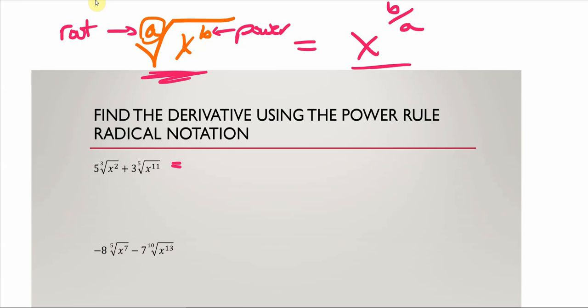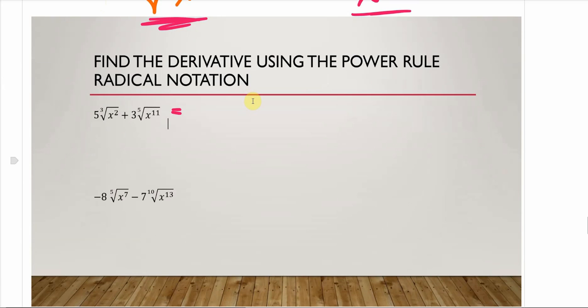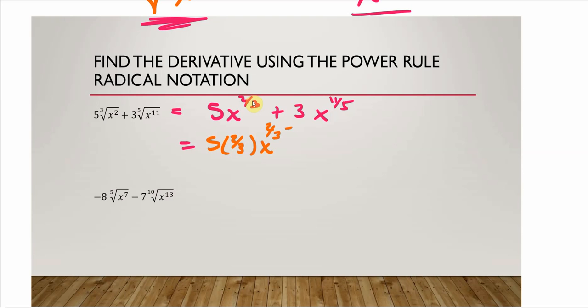So what we're going to do is rewrite these functions first before we find the derivative. So the first one's going to become 5x to the 2/3 plus 3x to the 11/5. So I rewrote it. I have not taken the derivative, I just rewrote it. So now we're going to find the derivative. So we're going to say 5 times 2/3 x to the 2/3 minus 3/3 plus 3 times 11/5 x to the 11/5 minus 5/5.